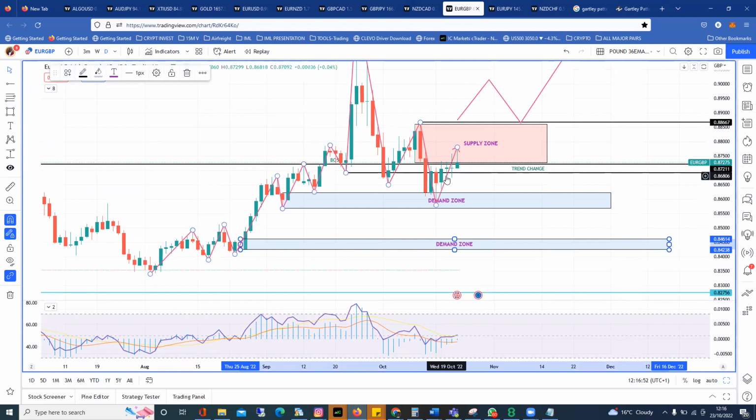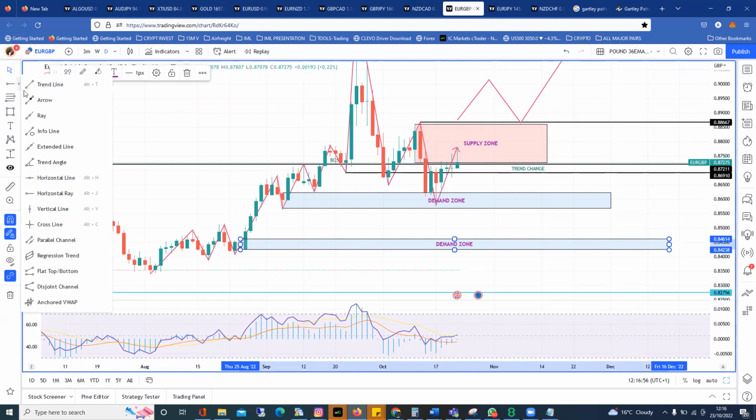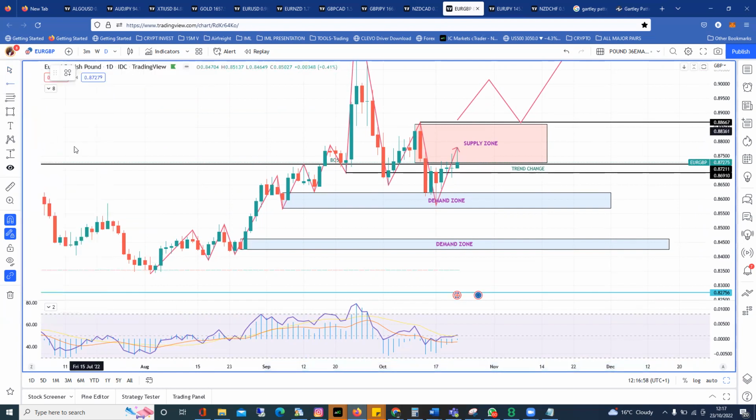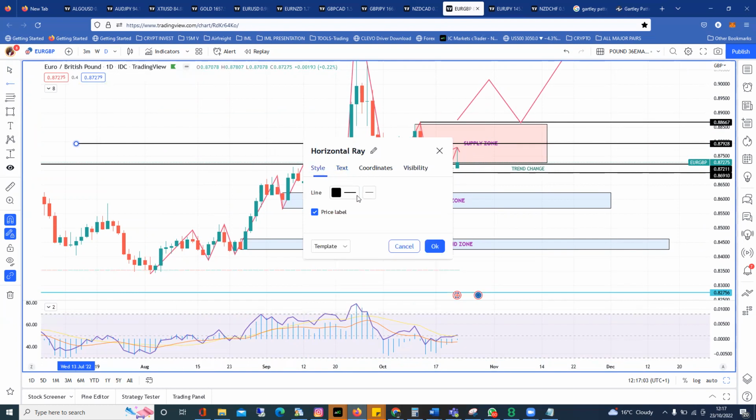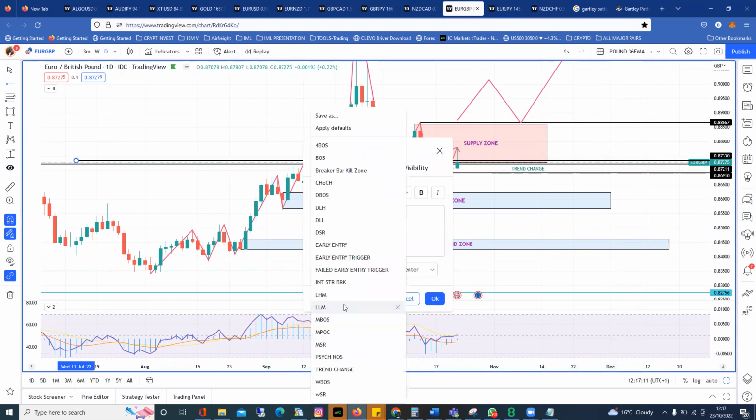Right, so inside the supply zone is where we have our key monthly point of control, daily point of control of 87.33. And that is the daily point of control.